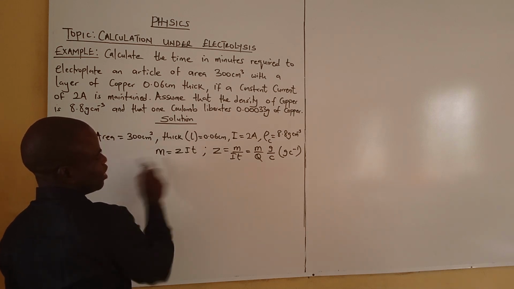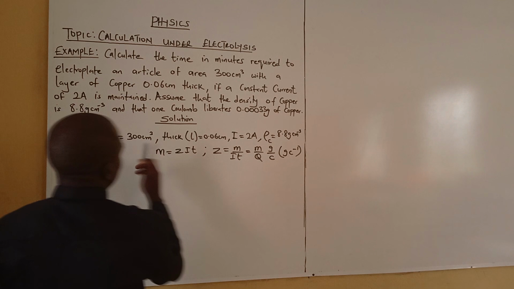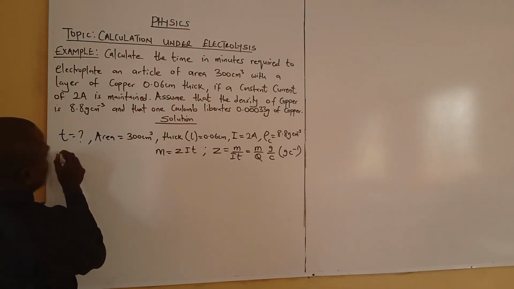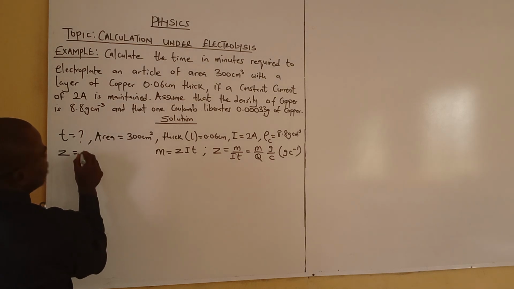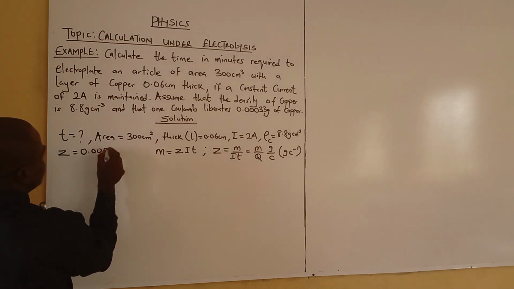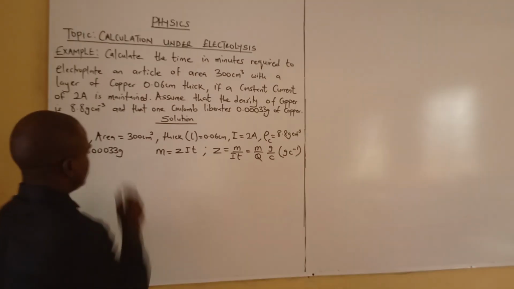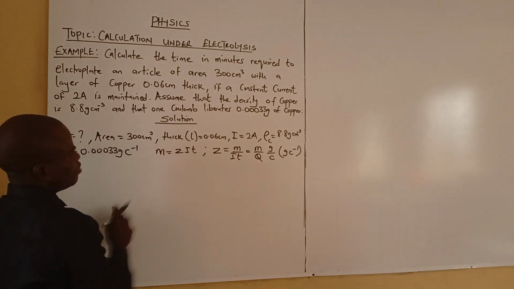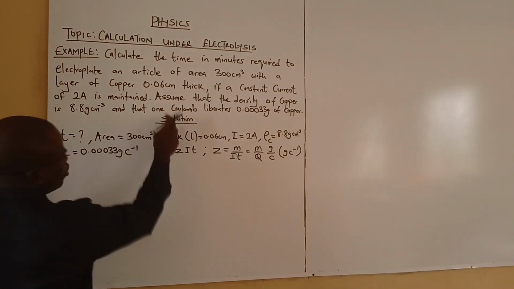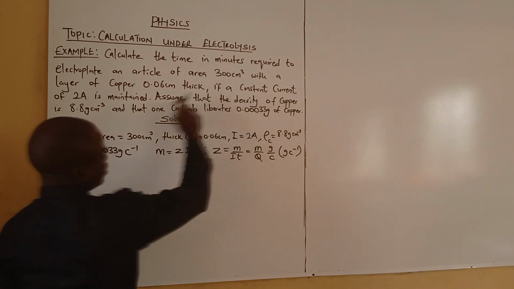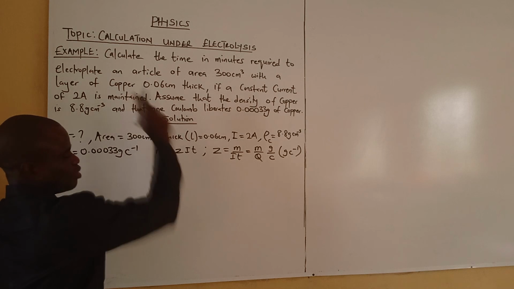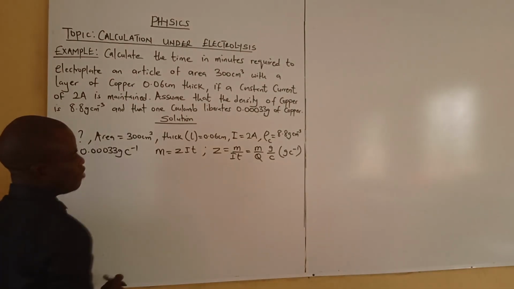That means that our electrochemical equivalent Z equals 0.00033 gram per coulomb. It's not mass, it is gram per coulomb because it liberates this per 1 coulomb.